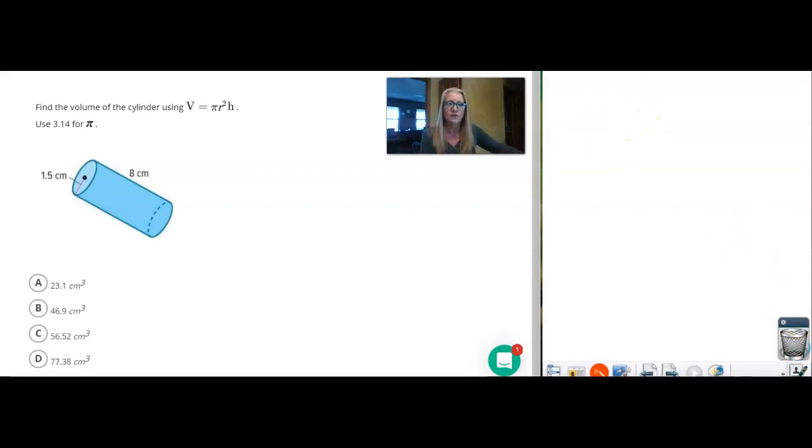Okay. So using our volume formula, we have that volume is equal to pi, which we're going to use 3.14 like it said. And then we have the radius squared. The radius is 1.5, and we're going to square that, times the height, and the height on this one is 8. Basically, you just put this in your calculator.